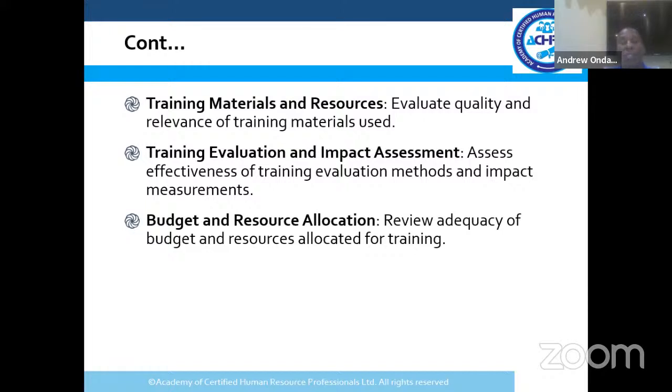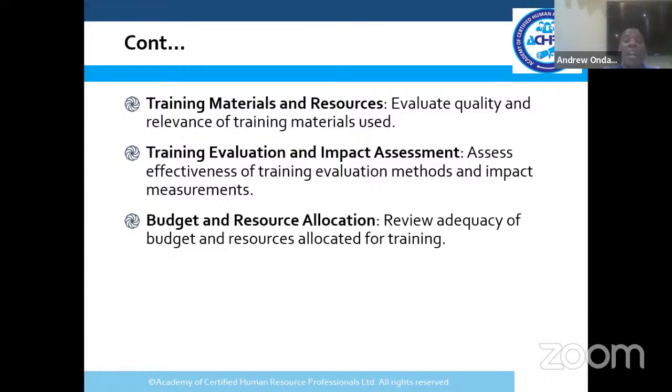The third aspect is reactions. The reactions of the trainees to several things. One, to the relevance of the training program. Did it satisfy a need? Two, the environment in which the training was taking place. Was it conducive? Three, the content of the training.